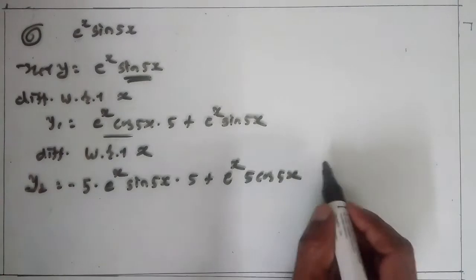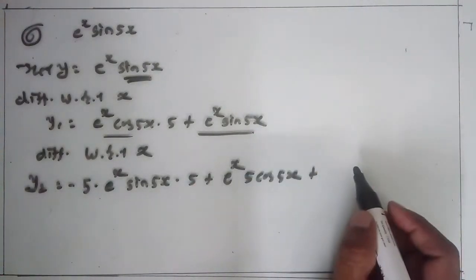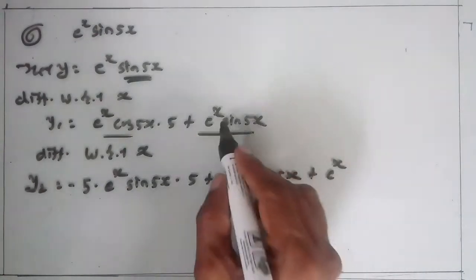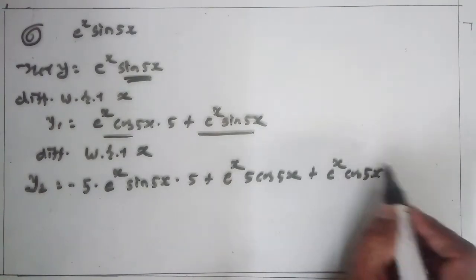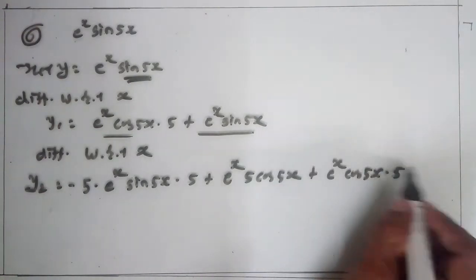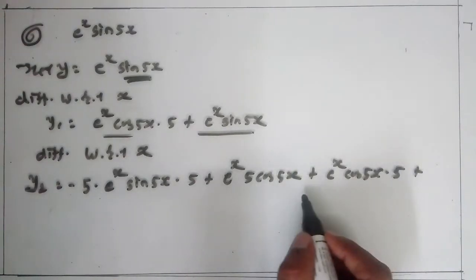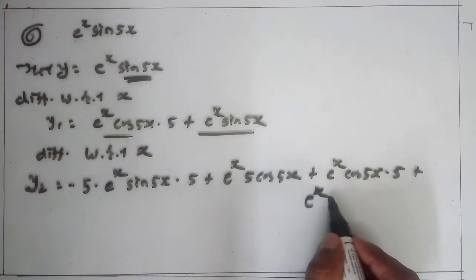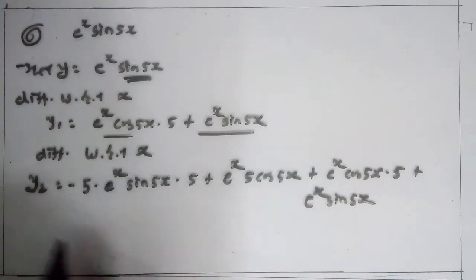Plus apply the same for this: e^x into derivative of sine, which is cos 5x into derivative of 5x, which is 5, plus derivative of e^x, which is e^x into sin 5x. Clear?